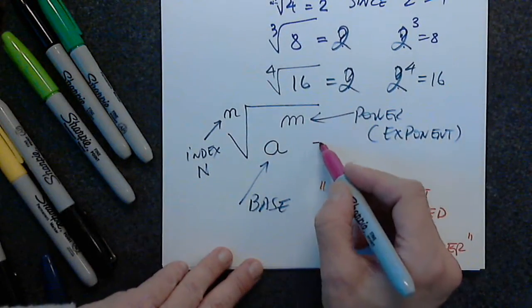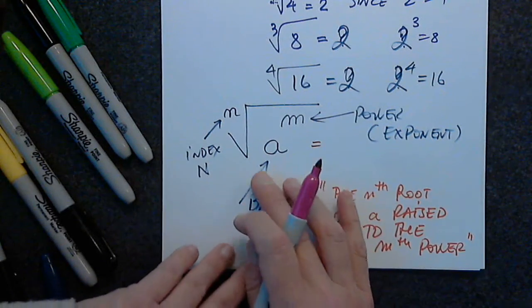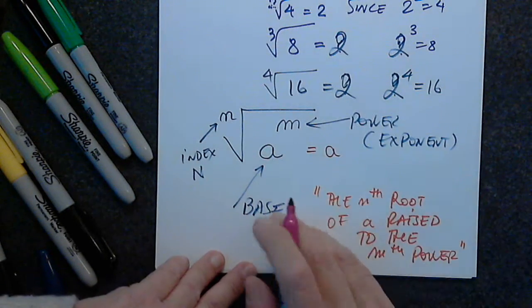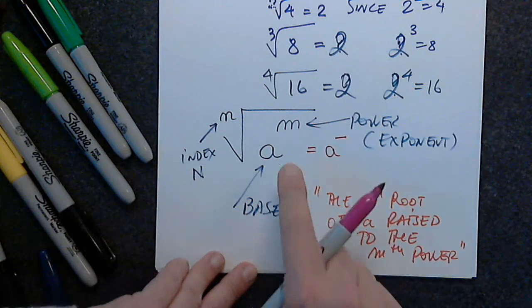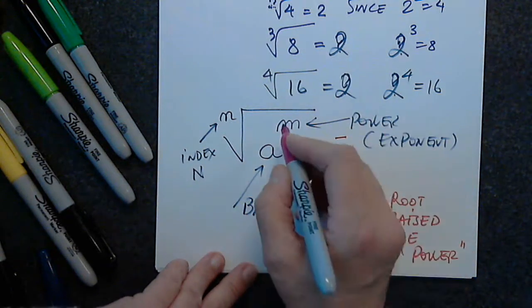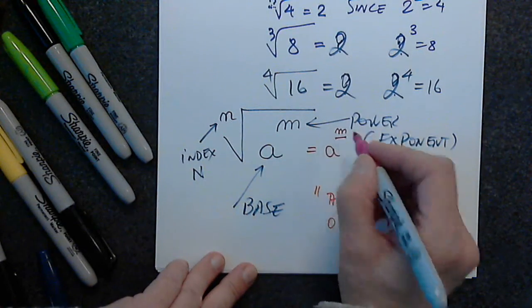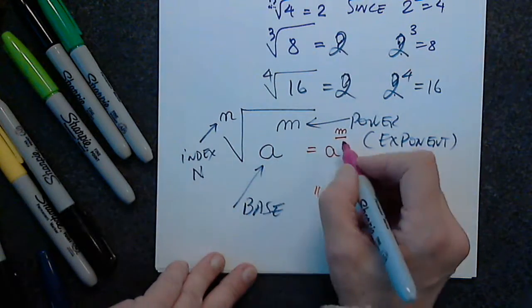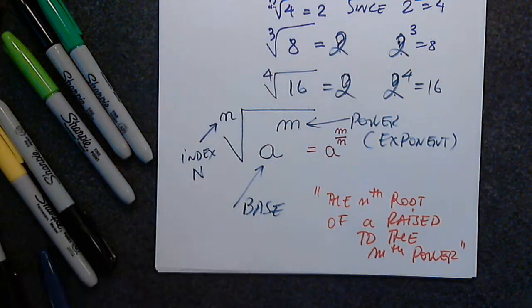So here is the conversion of this. A, the exponent is a fraction. The exponent, the inside, will always be the numerator. The index will always be the denominator. And this is extremely important because it will help us in simplifying radical exponents.